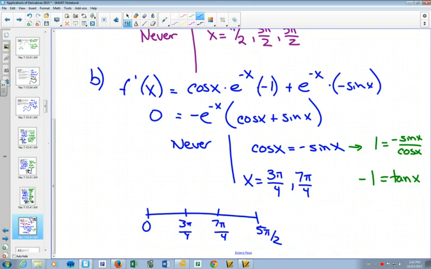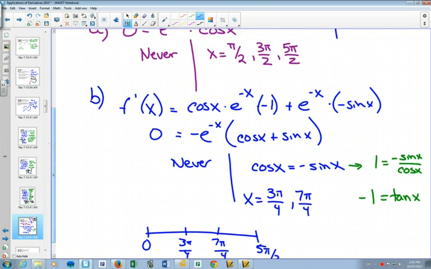And now we're going to try values in there to find out where a function is increasing and where a function is decreasing. So between 0 and 3 pi over 4, what would be a number in there? Pi over 4. So if we tried pi over 4 into our derivative, because that's where we're going to find out if it's positive or negative.